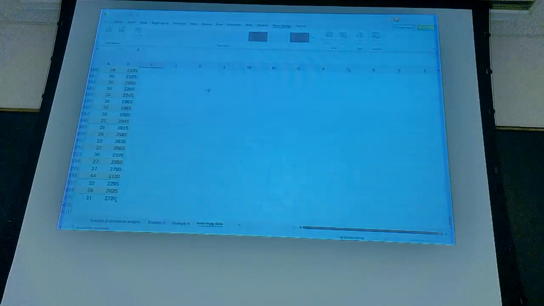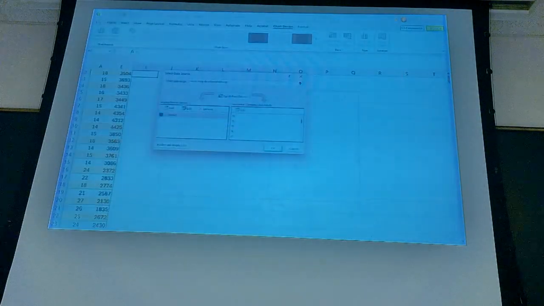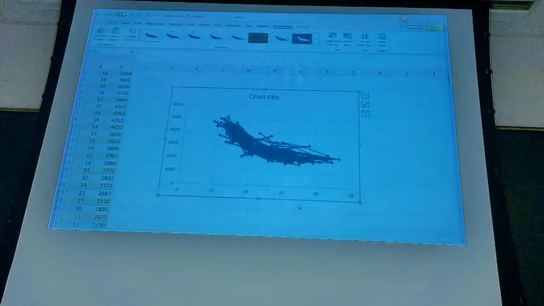Okay, so you can't see it because the screen share is so weird. That is interesting.